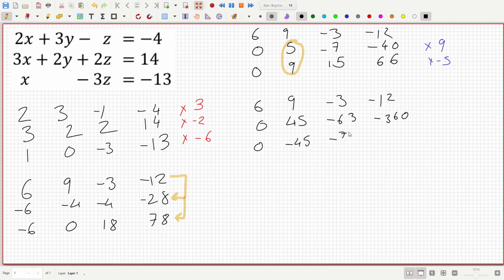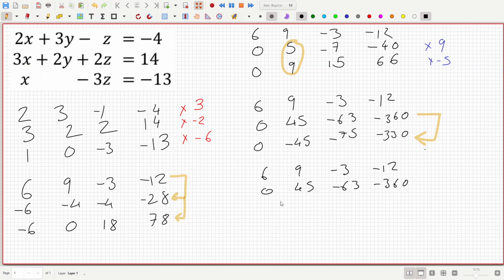And then 66 times -5, that's -330. And then once again, you do the same trick of dropping this onto this. The first 2 are unaffected, 6, 9, -3, -12, and then 0, 45, -63, and -360.